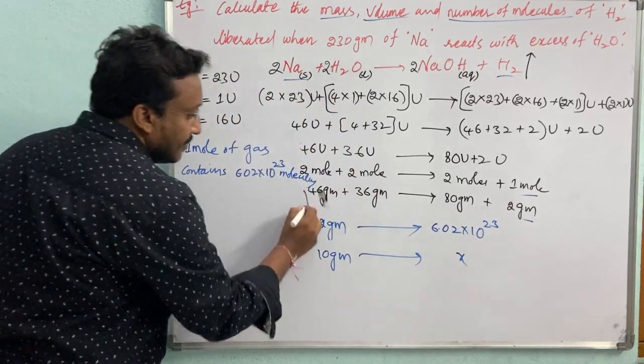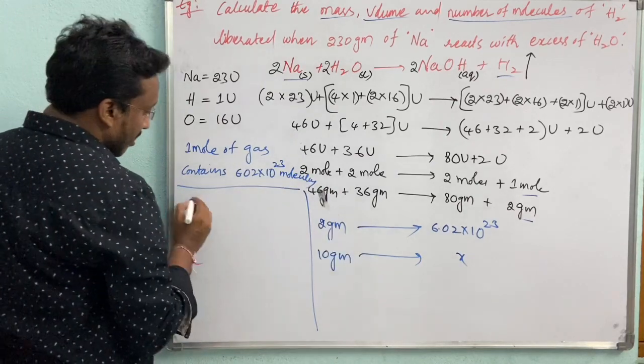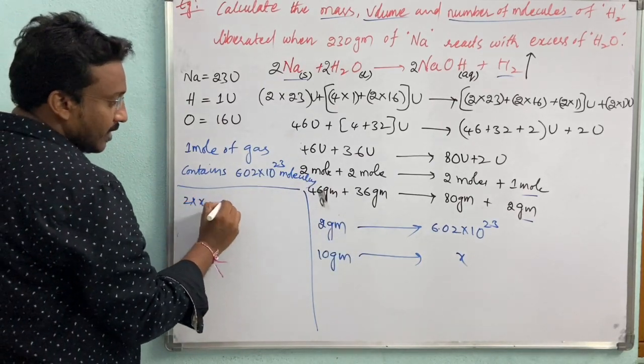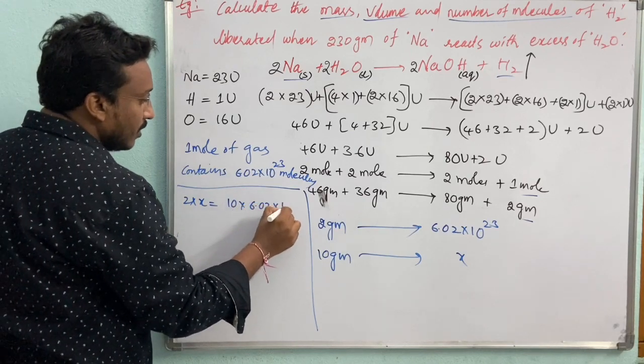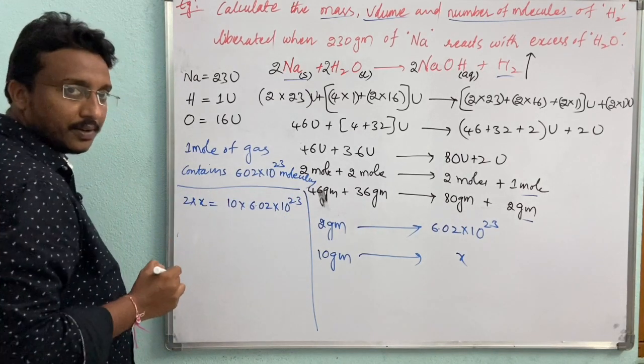Then 2 into x equal to 10 into 6.02 into 10 to the power of 23, right?